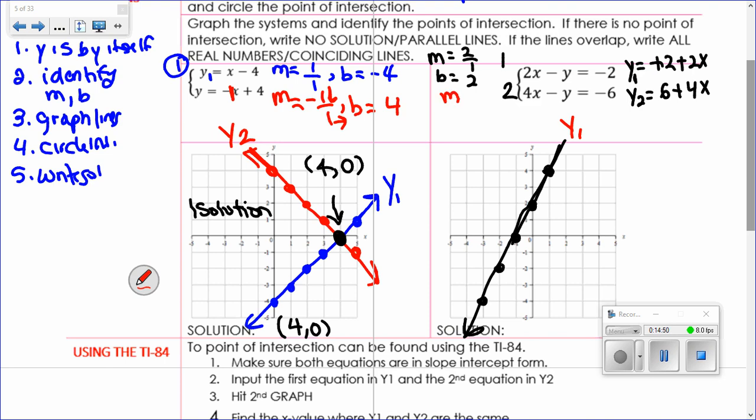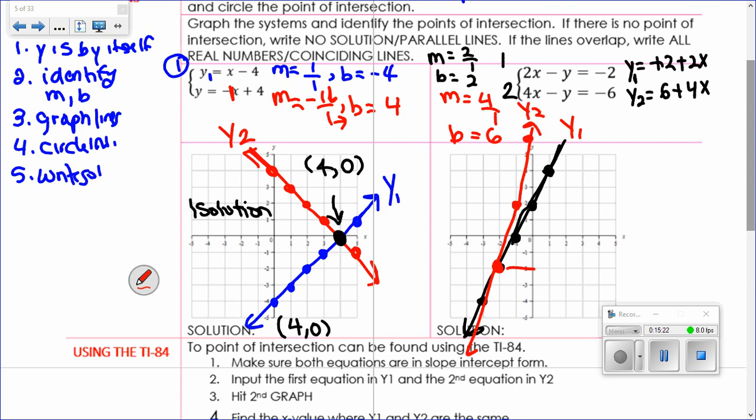For y2, m equals 4, or 4 divided by 1. b equals 6. So up 6, and I want to go backwards, so I'm going to go down 4, left 1, down 4, left 1, down 4, left 1. And there's my point of intersection right there. This is a very steep line, and this is y2.